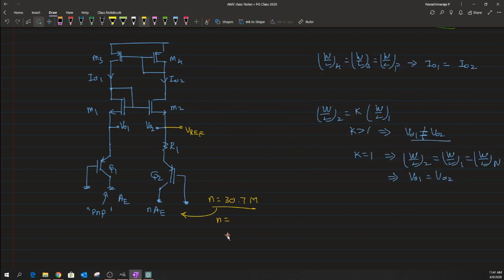What we did is just added an extra mirroring circuit where we tap the gate voltage of M4 and we feed it to M5 structure, and then the current flow through this device will be the same as that of our current flow through this IO2.